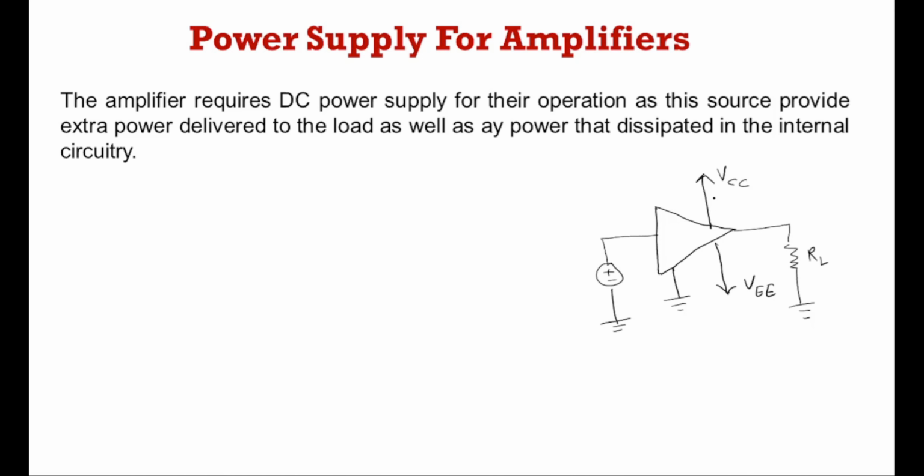If we assume that the current drawn from this supply is I_CC and the current drawn from this supply is I_EE, then we can write an expression for the power delivered to the amplifier: the delivered power is equal to V_CC I_CC plus V_EE I_EE.